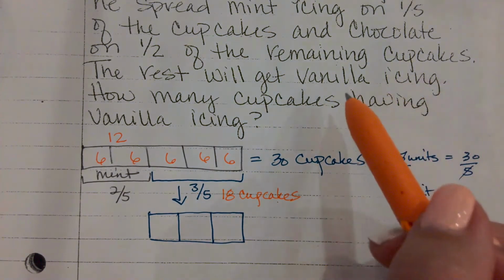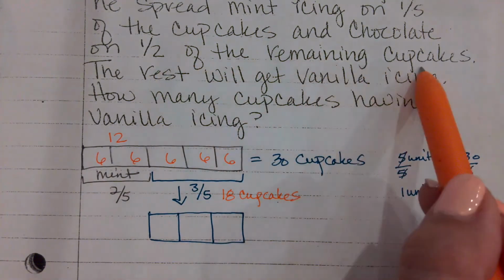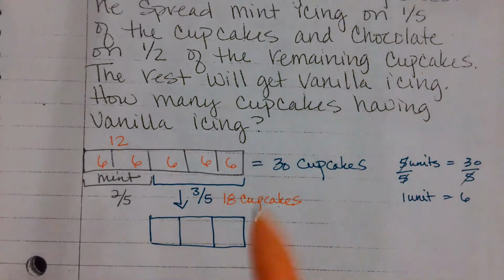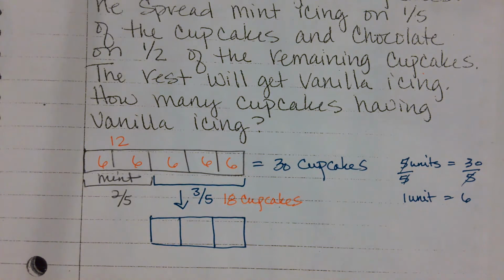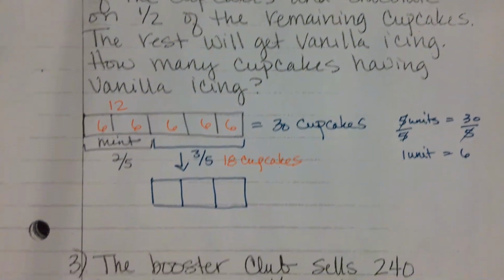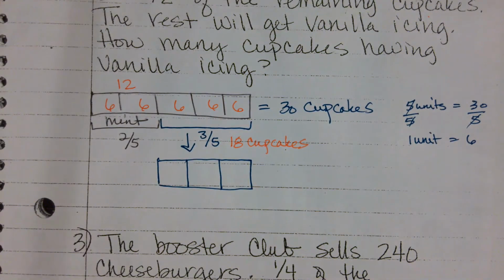And we know that half of the remaining cupcakes got chocolate and the other half got vanilla, right? So let's imagine that Joaquin still put chocolate icing on half of the remaining cupcakes and the rest are still vanilla. How many cupcakes got vanilla icing this time? So what do you think we should do?